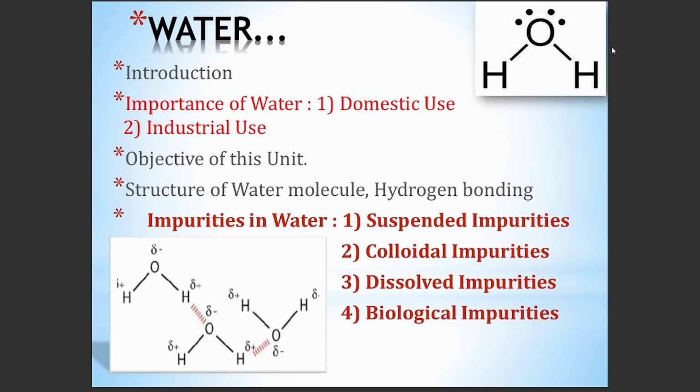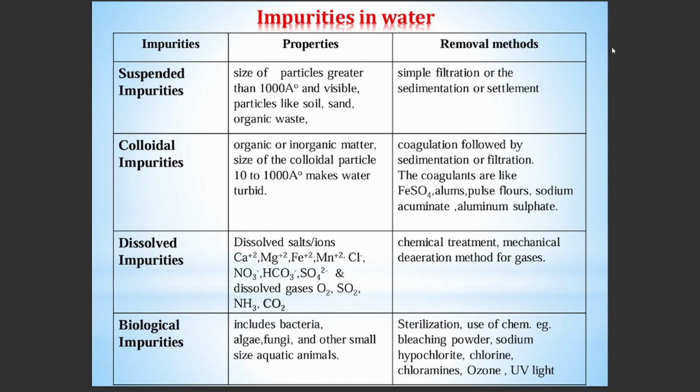Now, what are the impurities present in the water? Dear friends, these are the impurities present in the water: suspended impurities, colloidal impurities, dissolved impurities, and biological impurities. How these impurities enter into the water and how these impurities can be removed from the water.